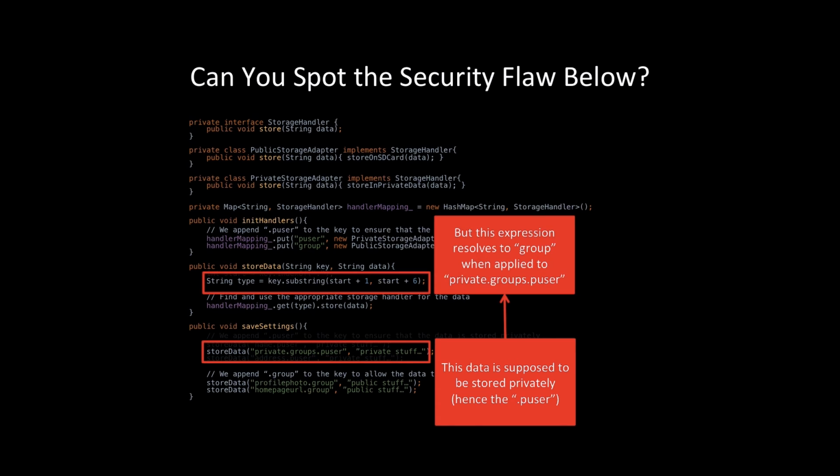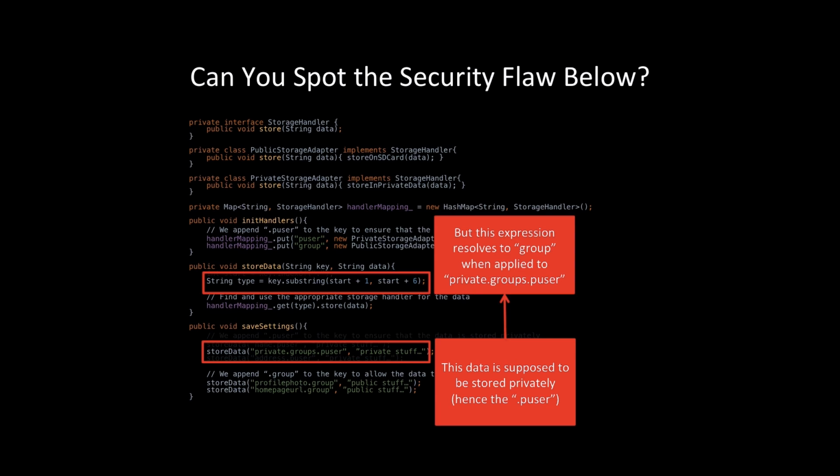Now, if we look a little farther up, suddenly we have a problem, because this expression that's being used to extract the type from the key, where we're doing a series of substring operations on the string, the developer didn't think through the fact that there might be keys that had dots within them, and we might end up in a situation where we could extract the incorrect type from the key.